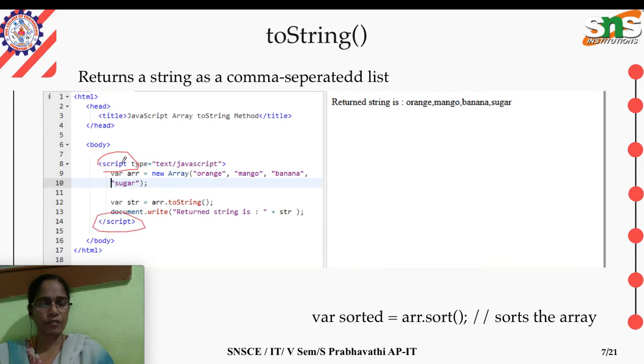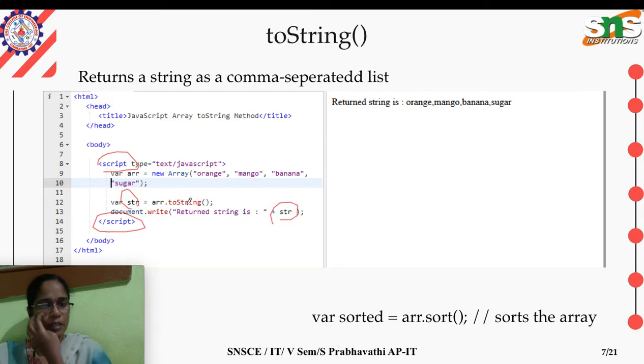So here in the script element, we are defining one array using the array constructor that takes these 4 values. Then array dot toString, so we are converting this array into a string, and that string value gets stored in the variable str, and the same we are going to display.